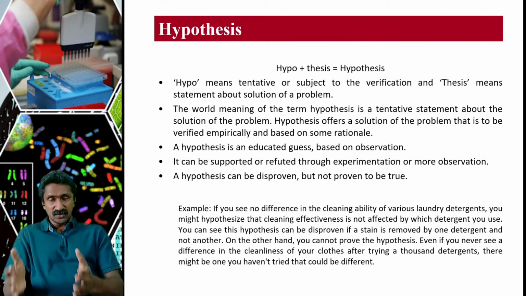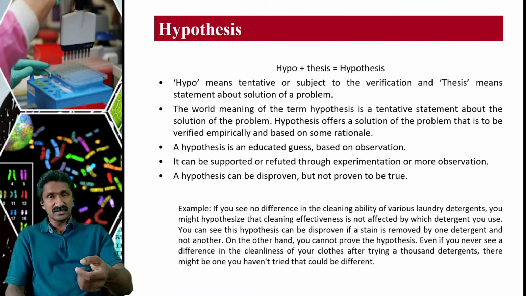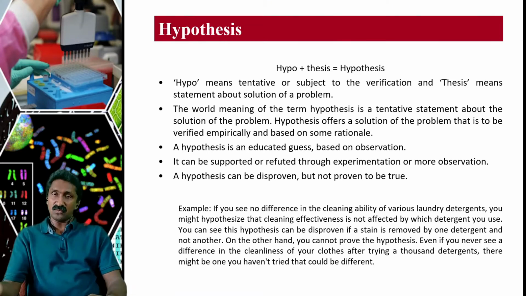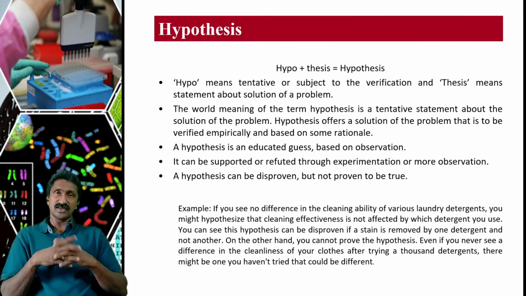So the hypothesis is disproven or rejected when one detergent is shown to be effective and one is not. In that case, you can reject the generalized statement that all detergents have the same efficiency.